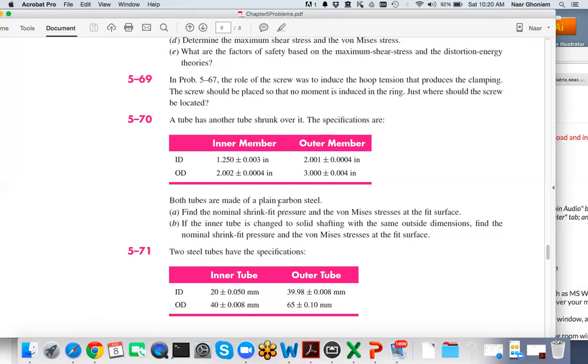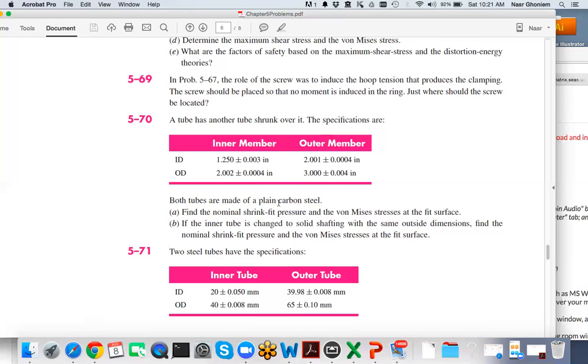Now, the design problem is the following. Given a certain level of interference, we want to judge whether the press fit is tight enough to transfer some level of power or torque.